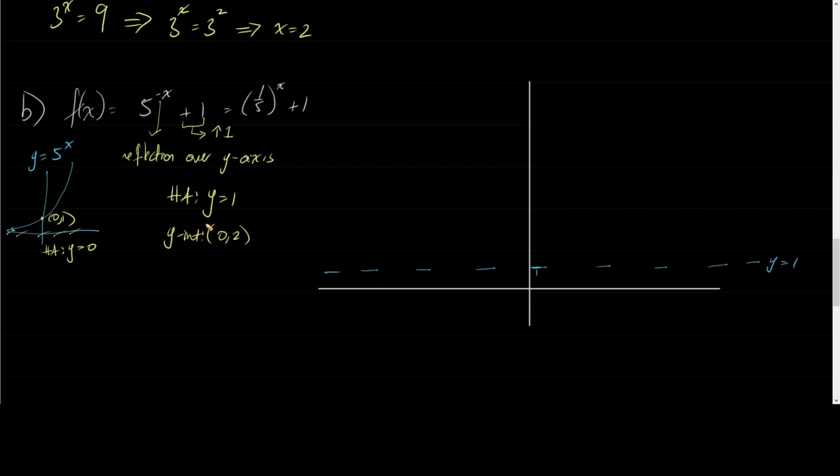We have a y-intercept of 0, 2. And then it needs to follow this general shape. And there we go. That is the sketch of that, this point right here being 0, 2.